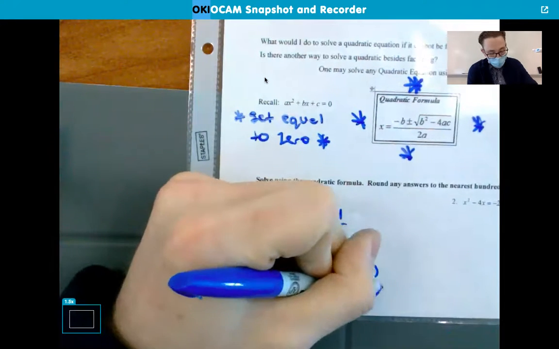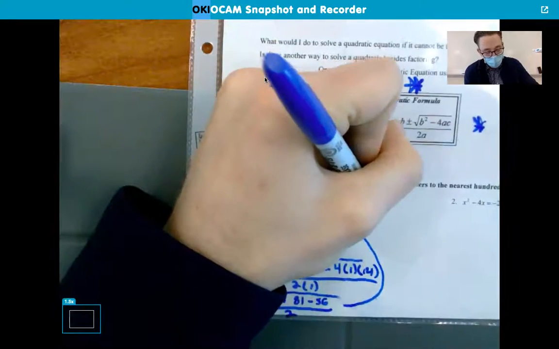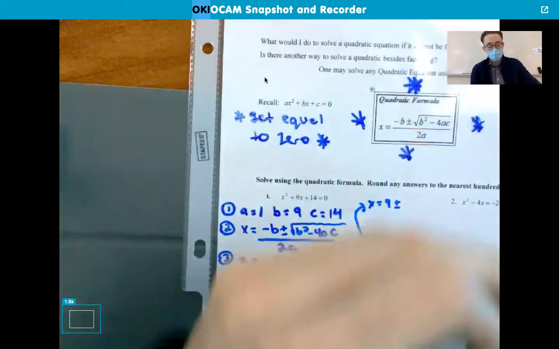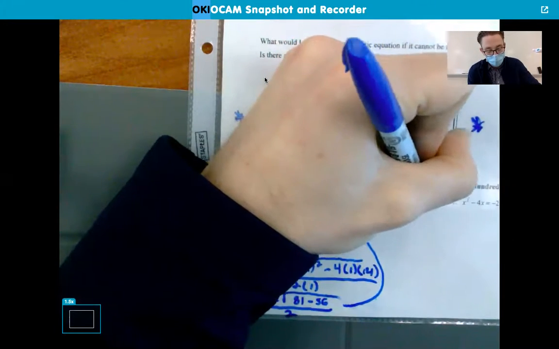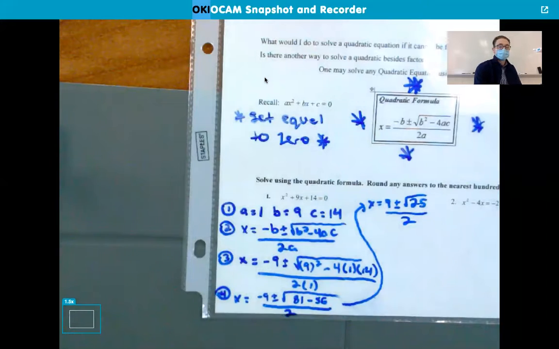We can keep simplifying. I'm just going to bring this up to the top here. I'll have x equals negative 9 plus or minus 81 minus 56 is 25 divided by 2. So I have negative 9, plus or minus the square root of 25 over 2.